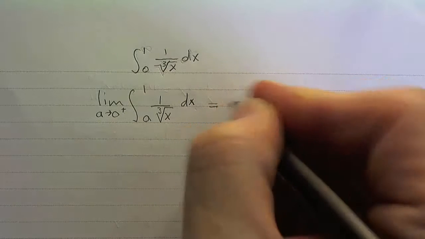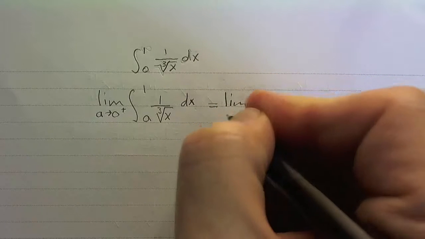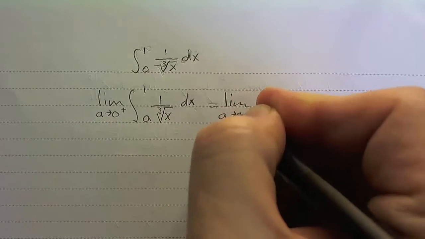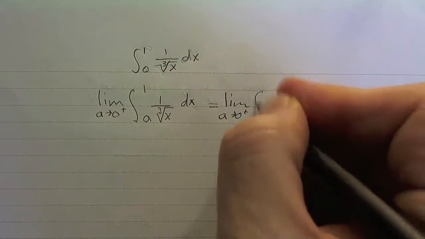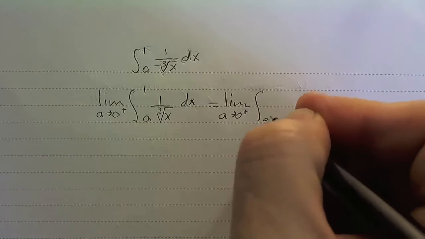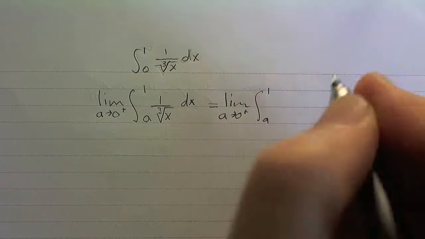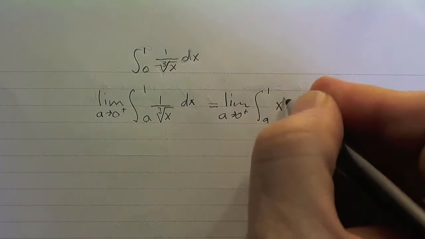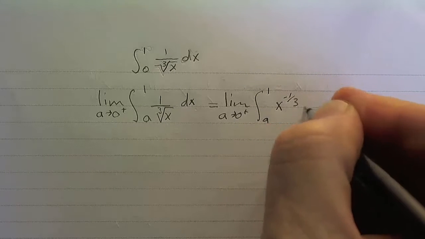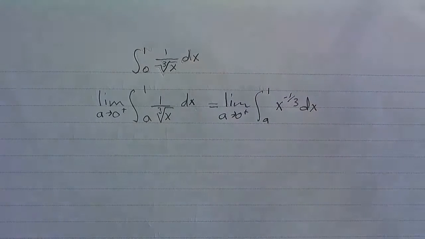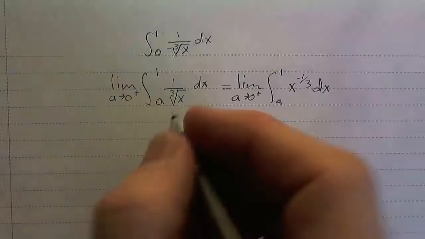Now, we've got to evaluate this. So here we go. We've got the limit as a goes to 0 from the right, the integral from a to 1. So this is x to the negative 1/3 power. Okay. I'm all set up to use the power rule for integration here. So here we go.